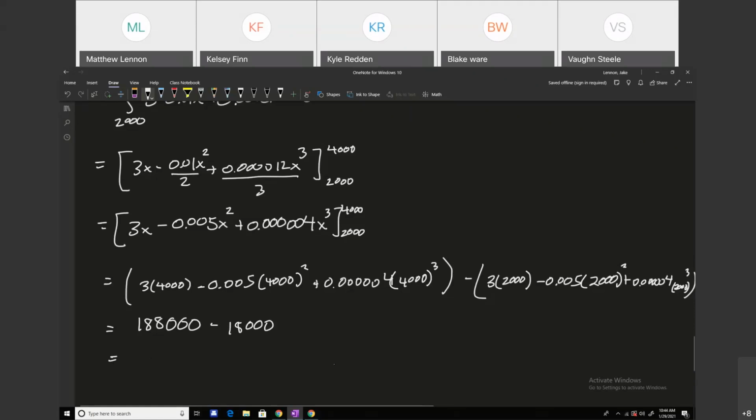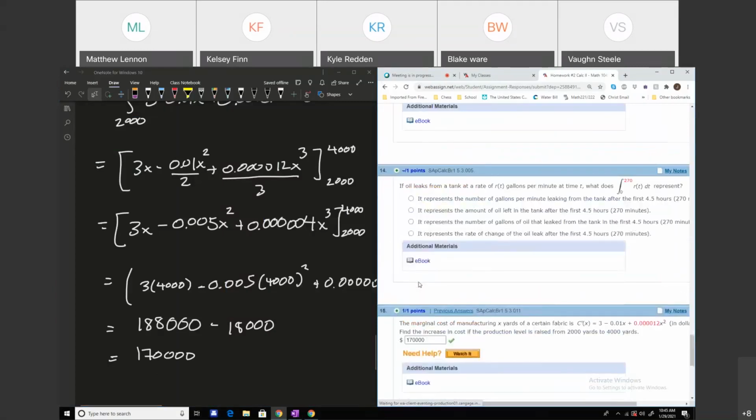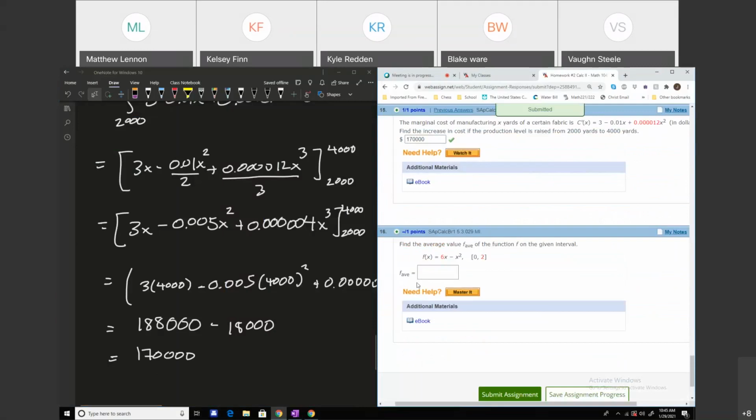So that leaves me with 170,000. So let's see if that gives the right answer. Maybe the problem was just very lengthy and difficult to type in the calculator. Yeah, so we got it. It's a lot of decimal places and it's kind of hard to type in your calculator. So sometimes you just want to do it bit by bit.